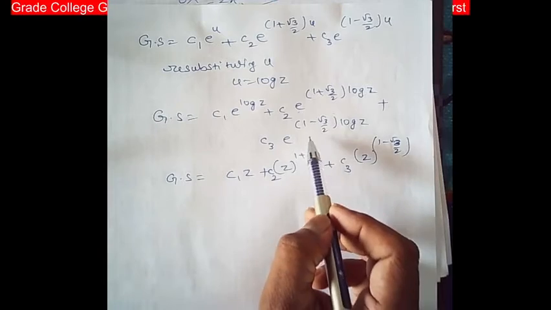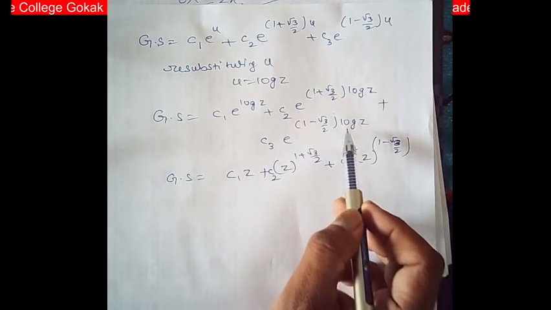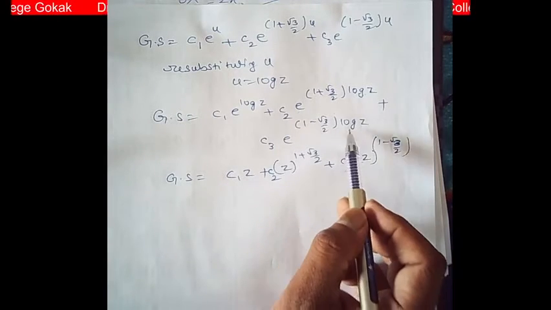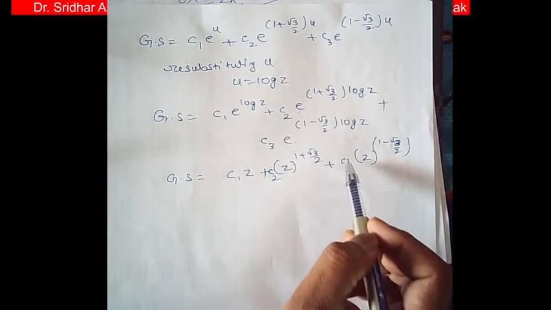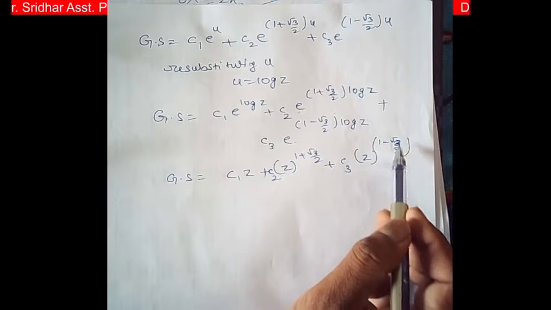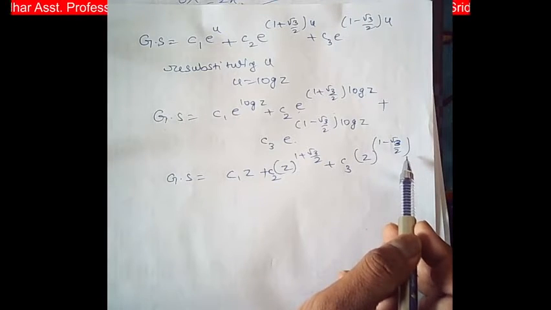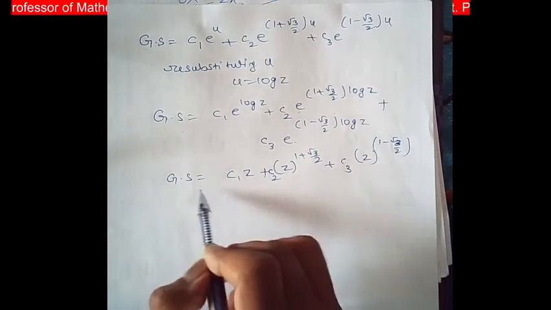And similarly here, this is again m log n, log z raised to 1 minus root 3 by 2. So this e and log get cancelled. So it gives c3 into z to the power 1 minus root 3 by 2. Okay. So this is the general solution.